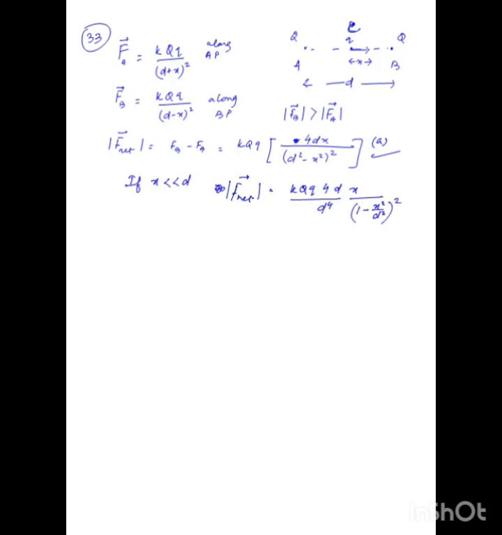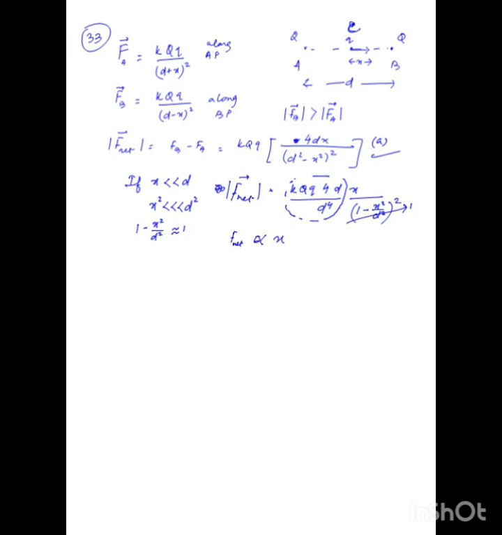Now x being less than d, x squared will be even smaller than d squared, so this value is nearly equal to 1. With all those terms being constant, d cancels out with one d in the denominator. The net force that acts on the particle carrying charge q will be proportional to the displacement. The greater the displacement, the greater will be the force.